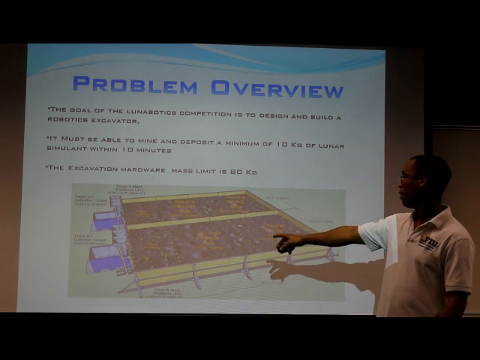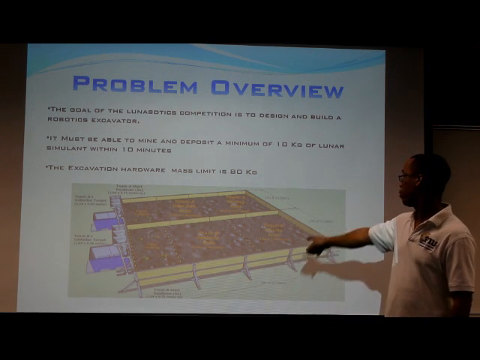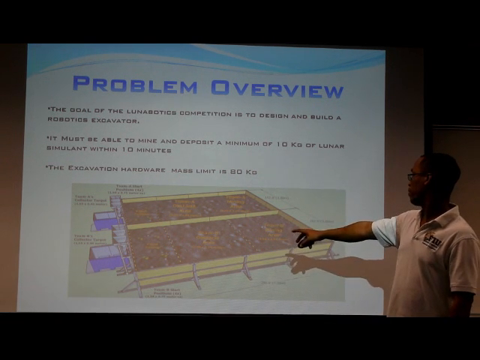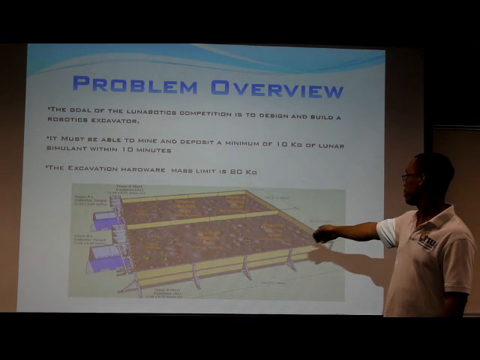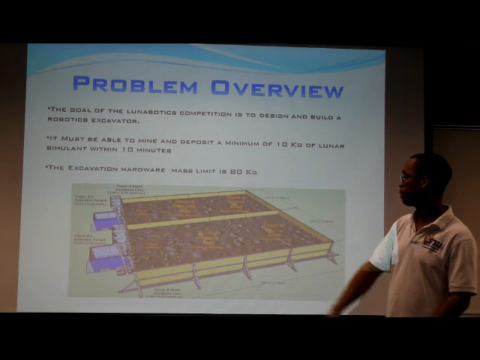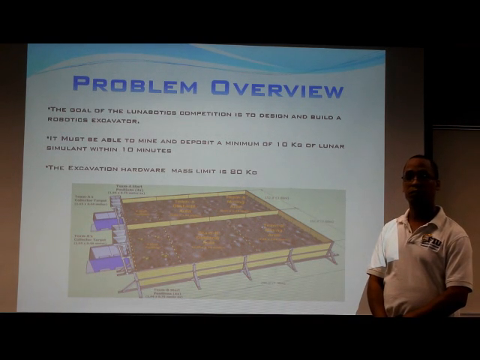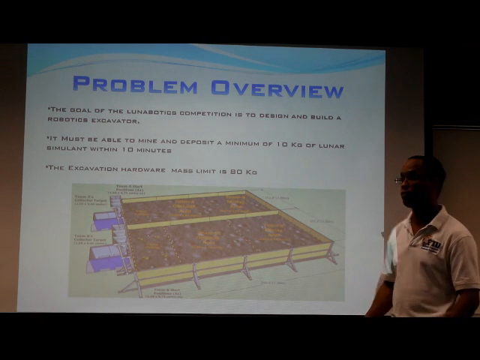The excavator starts from point A and travels to point B. At point B, it collects the lunar simulant, then travels back to the collector where it deposits the lunar simulant. Now, Jose is going to explain more about the project.